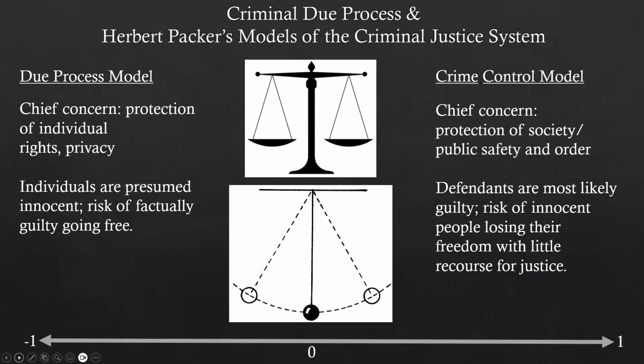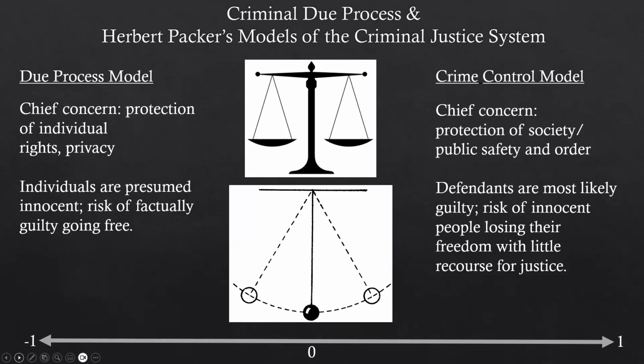So our justice system then cannot exist on either end pole. They can't get to the extremes. That wouldn't work. We have to be in the middle. And so as we study the due process laws, you're going to see that it is all about striking a balance or a happy medium between these two models.